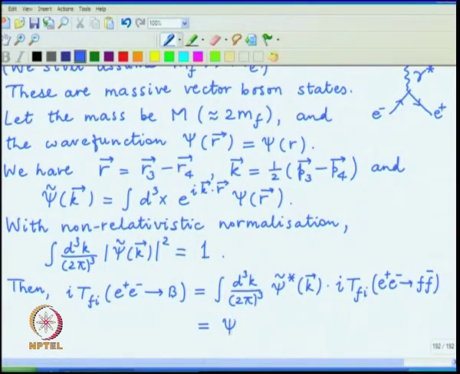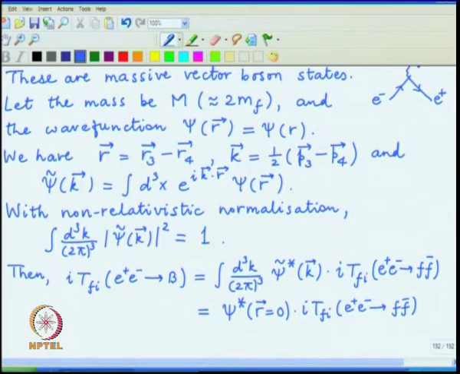So, this gives nothing but psi star at origin in the position space, multiplied by this object, which is independent of k.